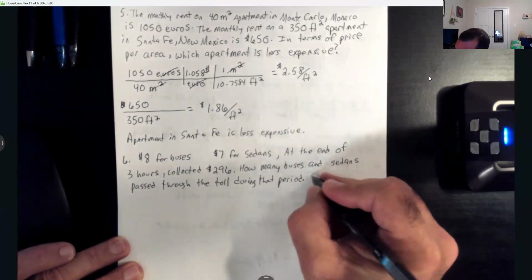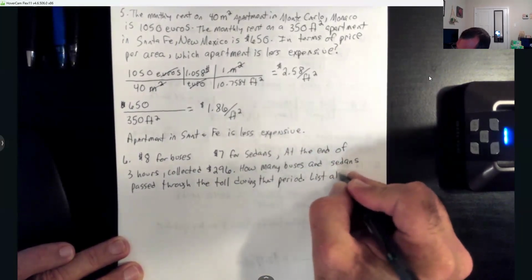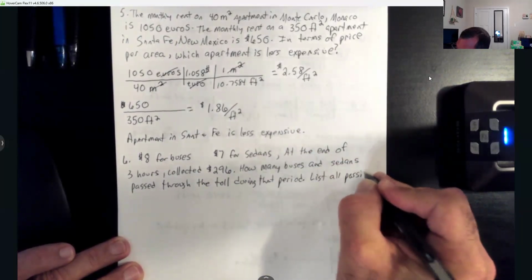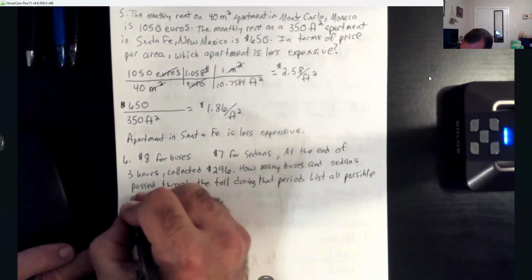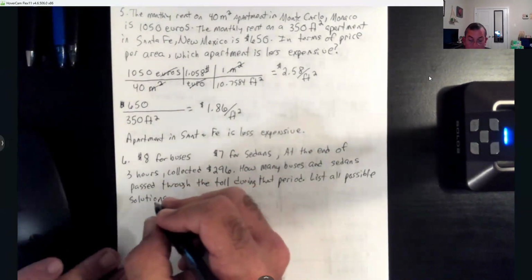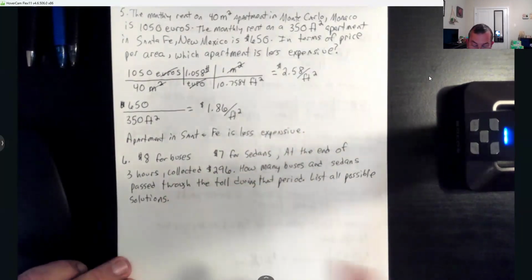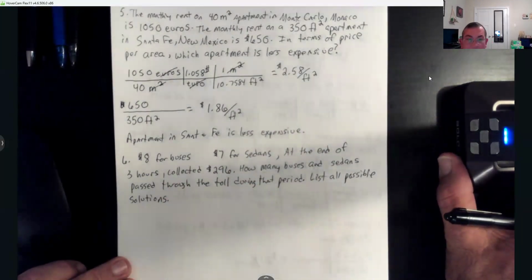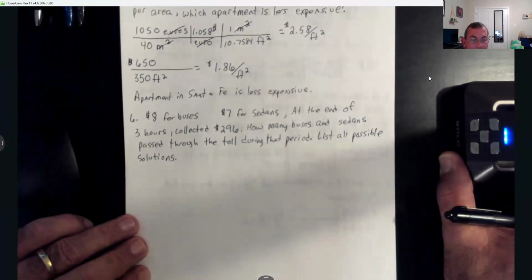And then they say, list all possible solutions. Now, they give us about 10 different scenarios here.